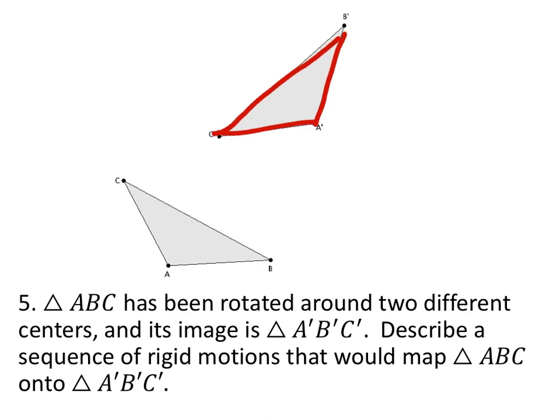Well, that's okay. So what did I do? Well, the first thing I did is I reflected it. The second thing that I did, and again you may have done something different, but this is what I did. Number 2, I translated it onto the other figure as close as I could. I made it so A and A prime were on top of each other.